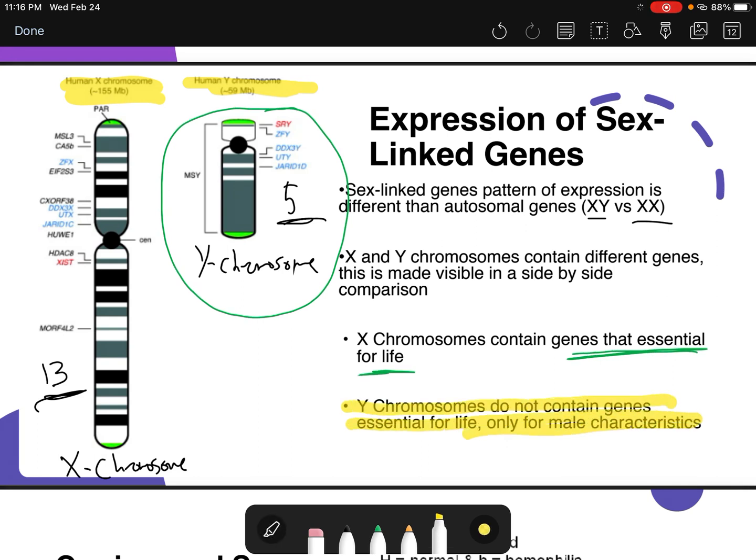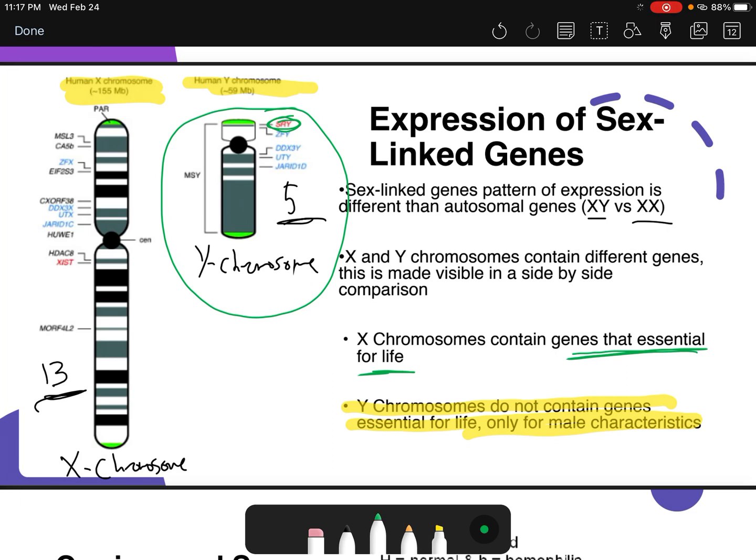All the genes on the Y chromosome are just going to be for male characteristics, and one of those genes is the SRY gene, and that is what tells the fetus to start growing things like the external genitalia and those sorts of things.